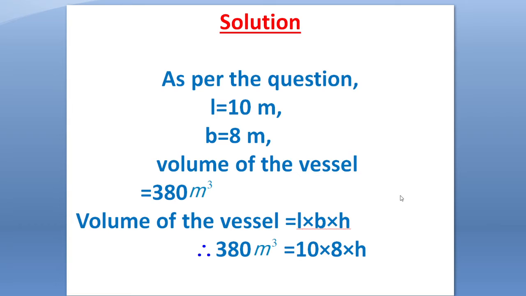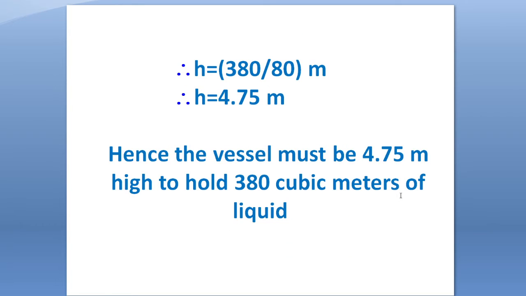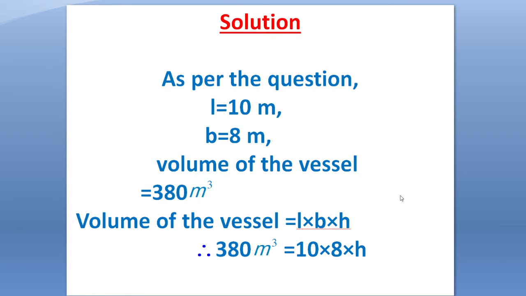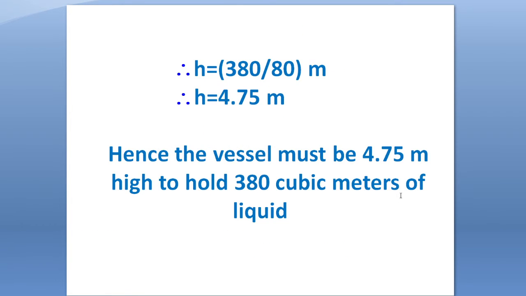As per the question, L is equal to 10 meter and B is equal to 8 meter. Volume of the vessel is equal to 380 cubic meter or meter cube. But we know that volume of the vessel is equal to L into B into H. Therefore, 380 meter cube is equal to 10 into 8 into H. Therefore, H is equal to 380 divided by 80 meter.